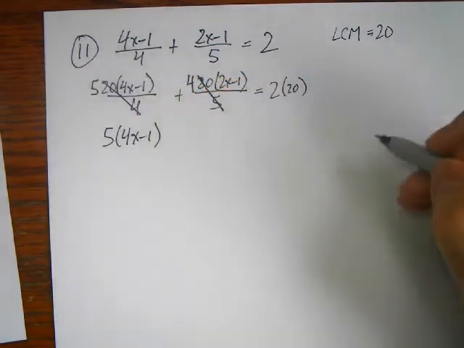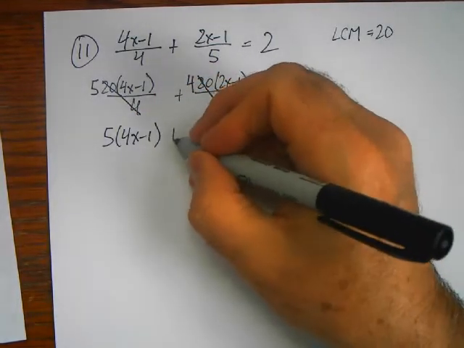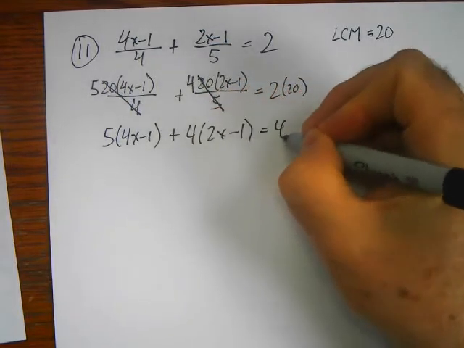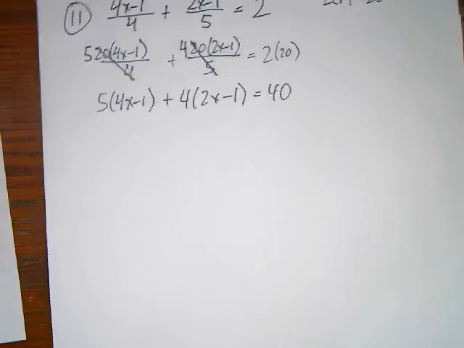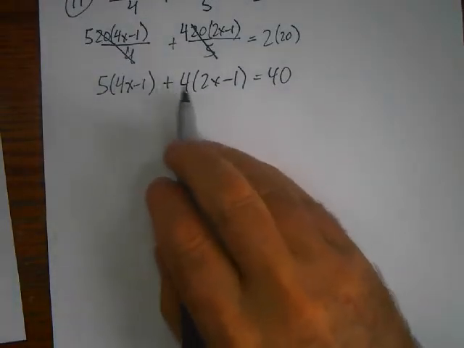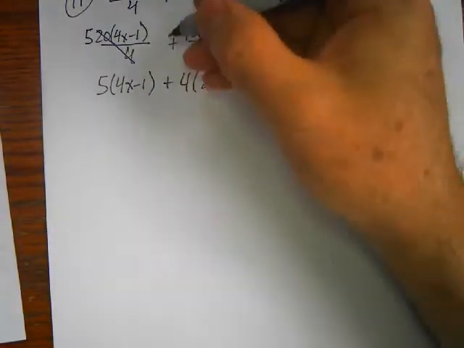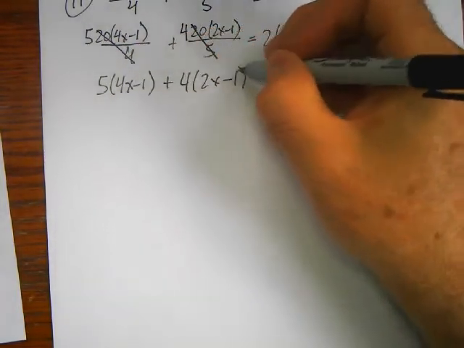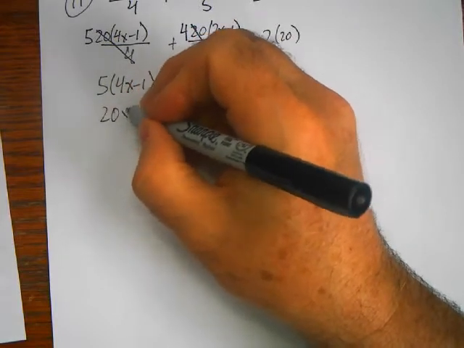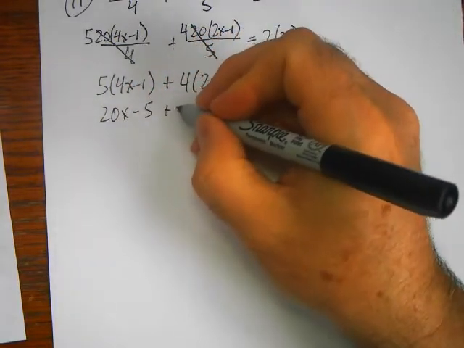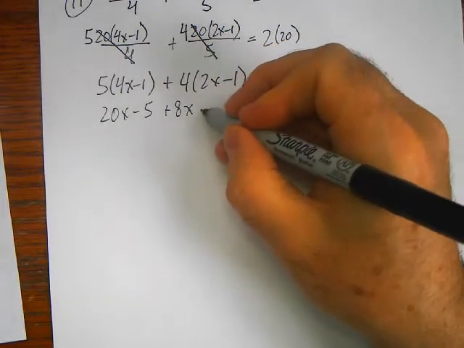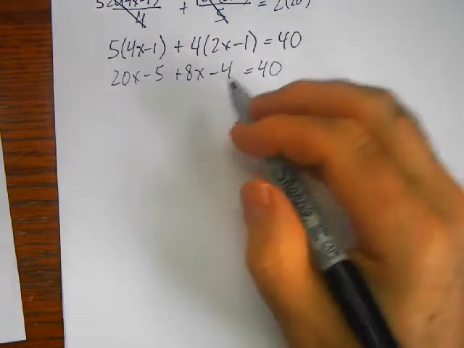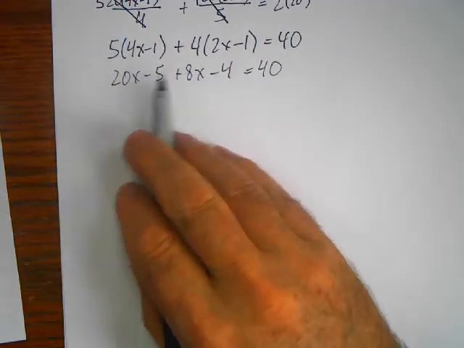5 times (4x minus 1) plus 4 times (2x minus 1) is equal to 40. So we successfully got rid of the fractions. Now we get rid of the brackets. So we have to multiply the 5 with both of these, the 4 with both of these. So I'm going to get 20x minus 5 plus 8x minus 4 equals 40. Now you can see I've got a couple of x terms on the left side, a couple of constants.